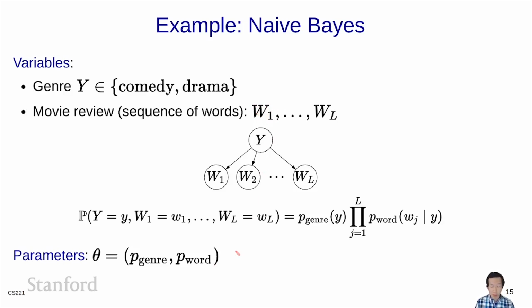And so that's it. Notice, importantly, that the number of parameters does not grow with L, even though the number of variables in the Bayesian network grows with L. So now we see the complexities of the parameters and the number of variables are quite different. You can have a 1,000,000 variable Bayesian network, but you might have only one parameter, for example. That's quite possible.